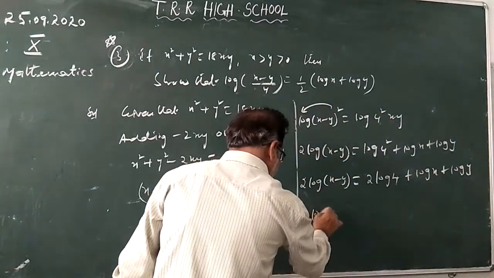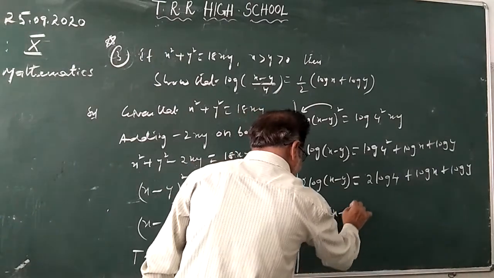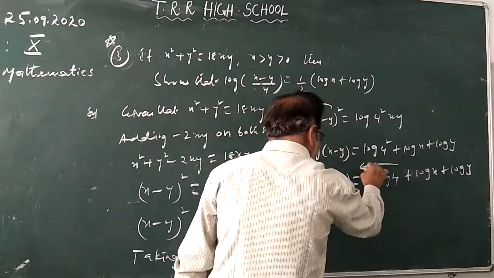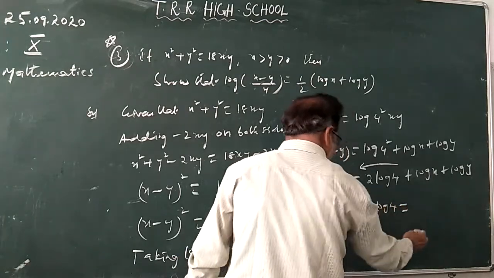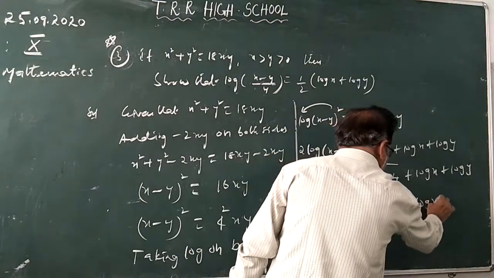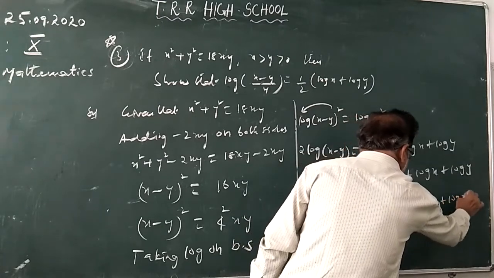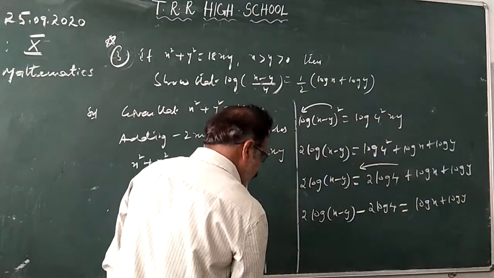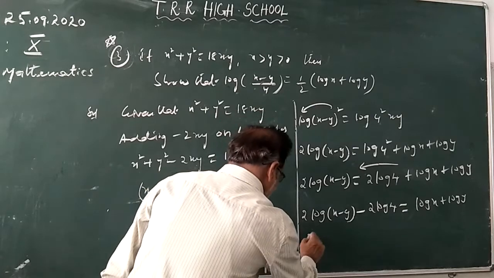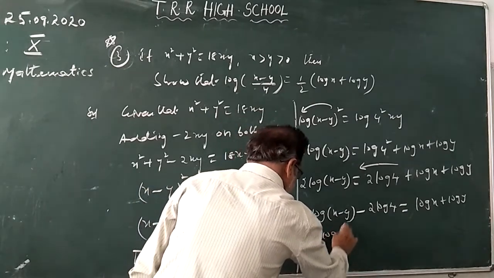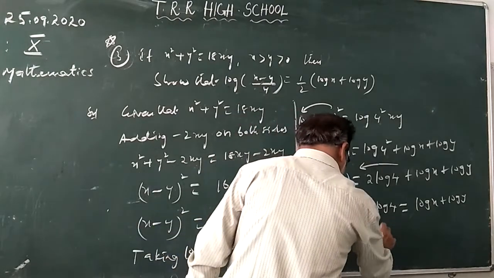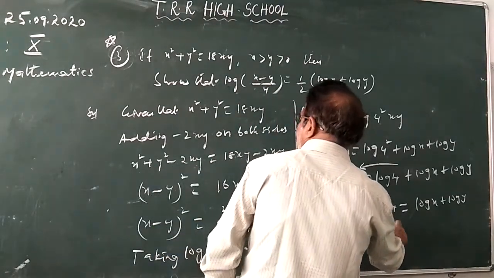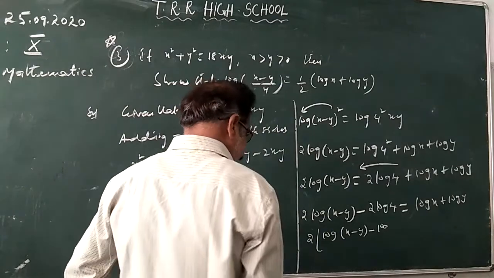So 2 log of (x minus y), shifting 2 log 4 to the left side with a minus, equals log x plus log y. So you take 2 common here.